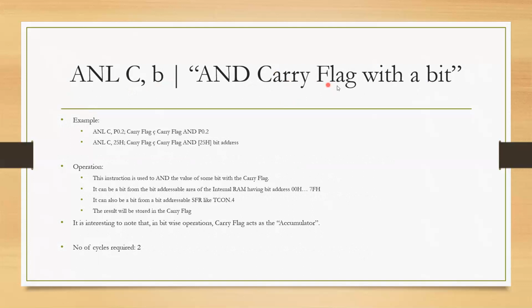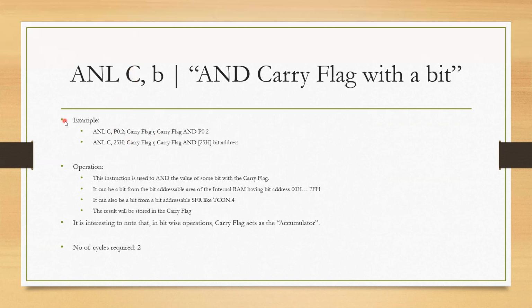The carry flag is 1 bit, so we are ANDing with a bit. B represents any bit from the bit addressable memory location of the internal RAM, or a bit of a bit addressable special function register. For example, ANL C, P0.2. The result will be stored in the carry flag.